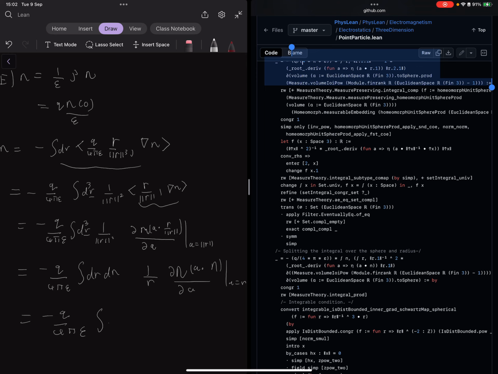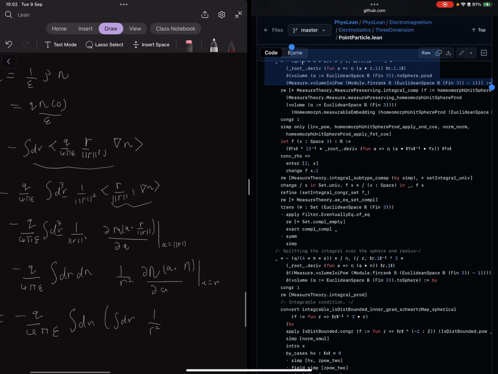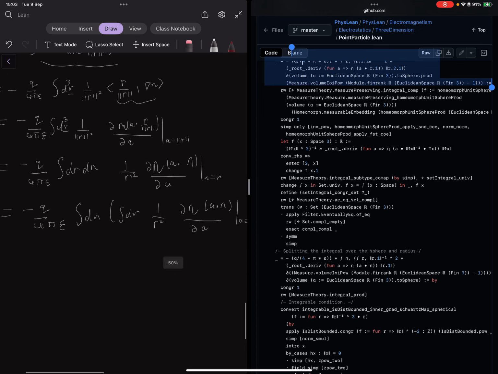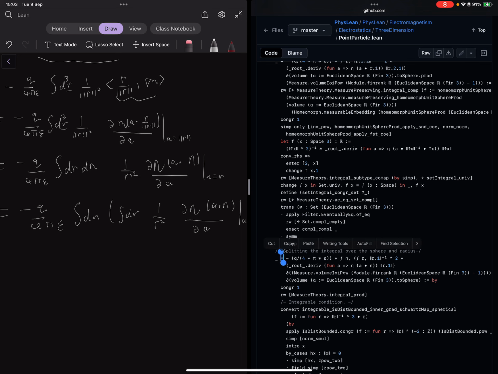And we do the integral over n first, and then we do the integral over the r. And that's 1 over r squared, times the derivative of eta, where a is evaluated at r. Okay, so that's basically just a rearrangement of the integral, and this is this thing here.